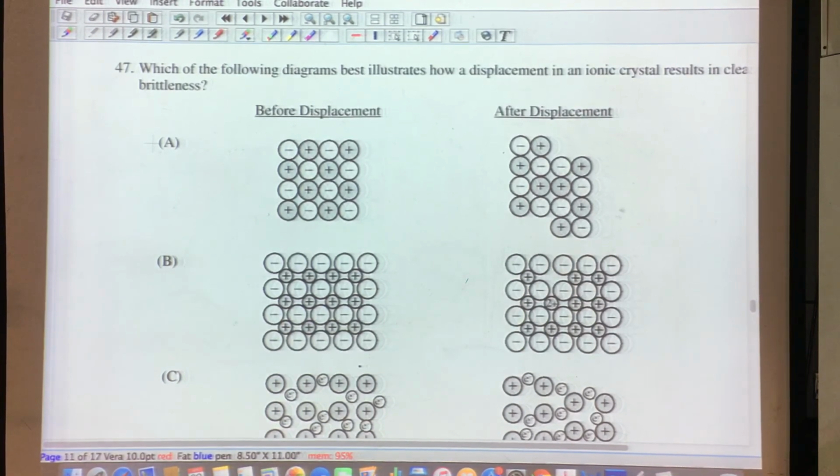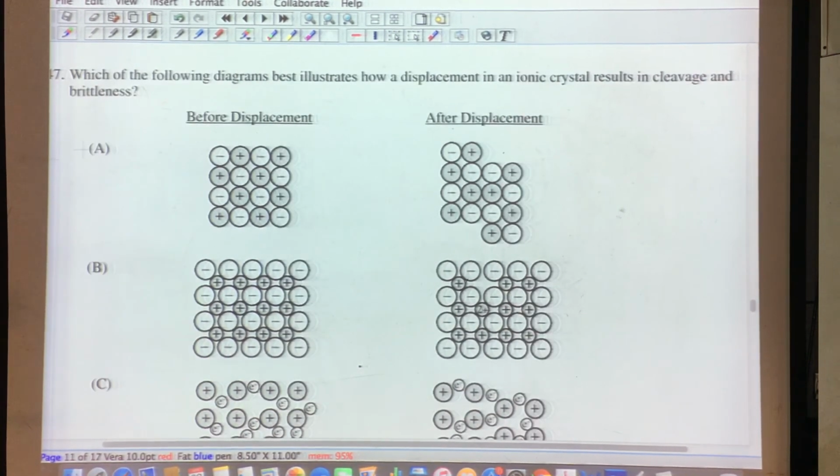Review videos. 47. Which of the following diagrams best illustrates how a displacement of an ionic crystal results in cleavage, which means a splitting, and brittleness? Okay. You guys know ionic compounds can be split, and the reason is right here. If you hammer down on a crystal that's ionic, you could put two negatives in close proximity.